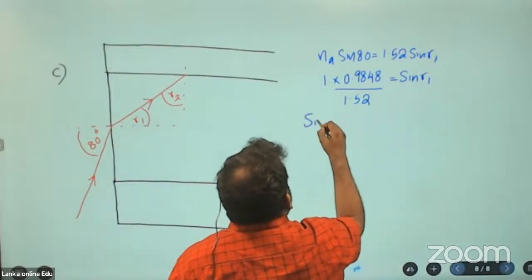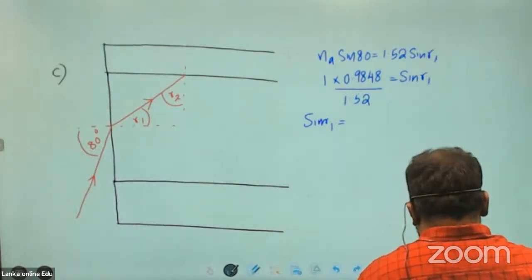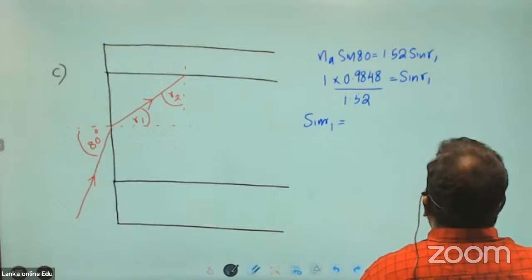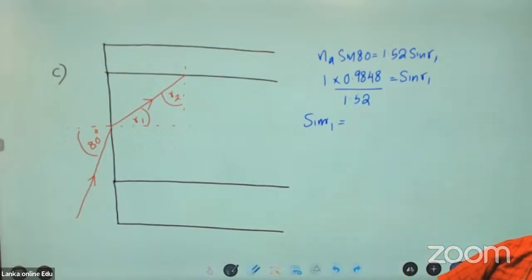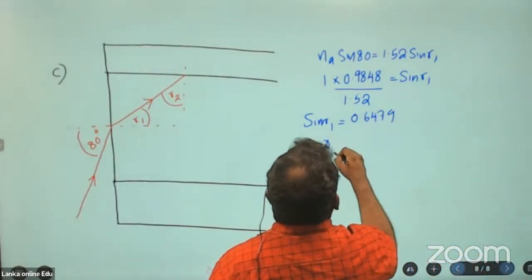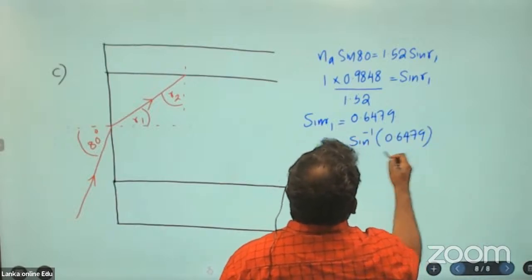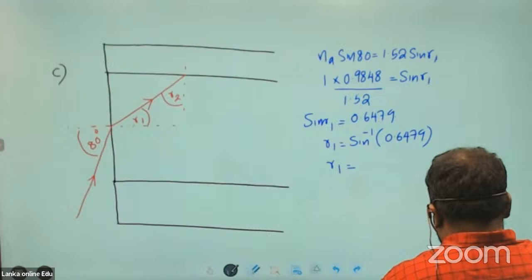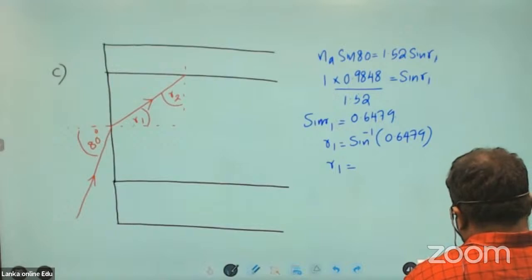Sine R1 is 0.9848 divided by 1.52, which is 0.6479. R1 is sine inverse of 0.6479, and you can find R1.